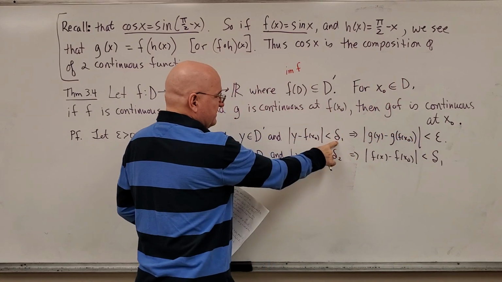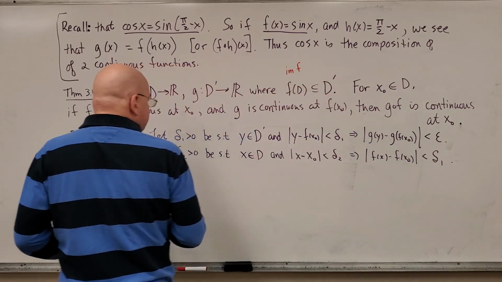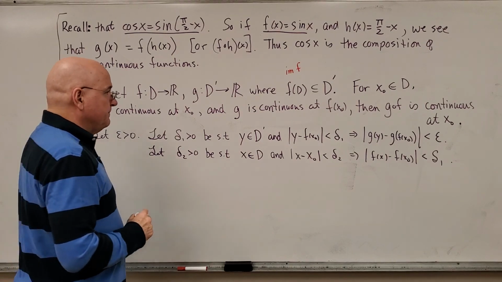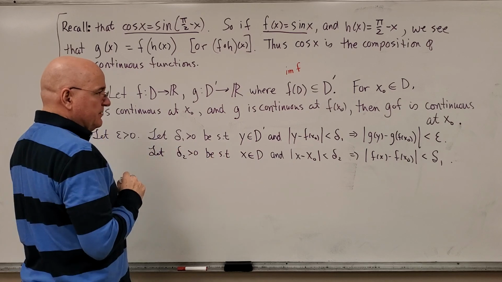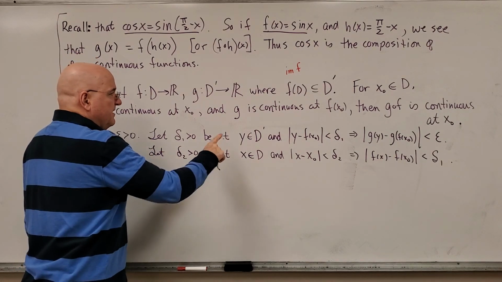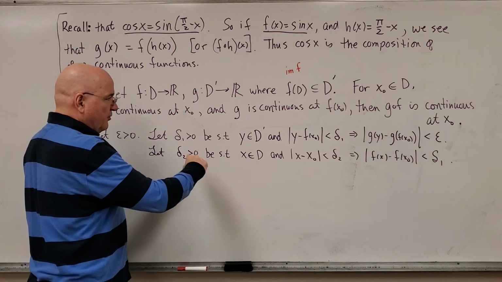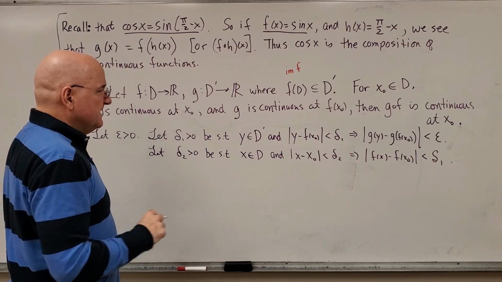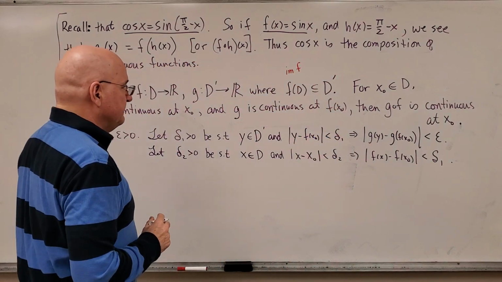This number right here is the same as that. Well, we're almost done. About one more long sentence and we'll be done. Again, I didn't write down the justification. Why does delta 2 exist? Because I know that f is continuous at x naught. Therefore that's true. This kind of takes the place of our epsilon in the definition.